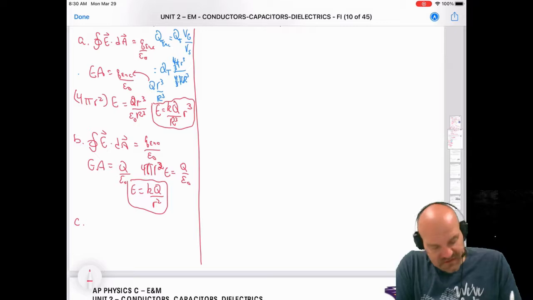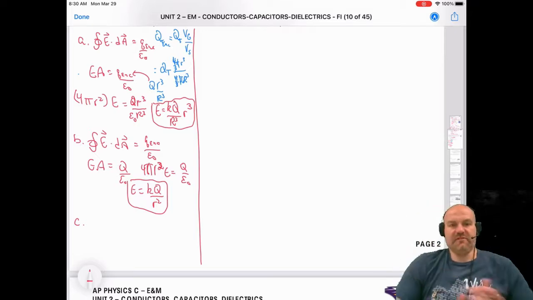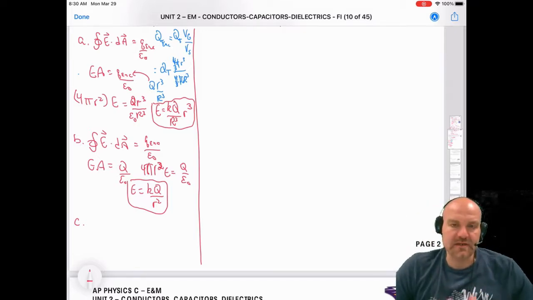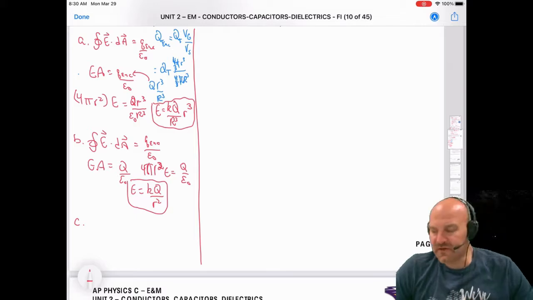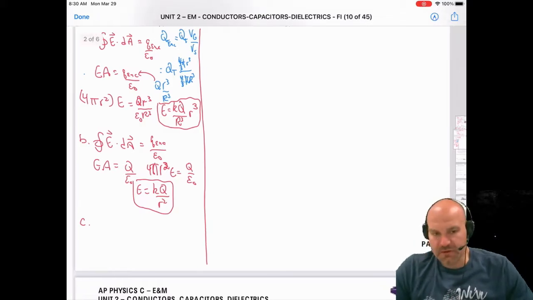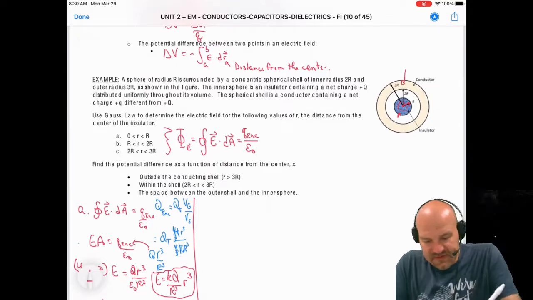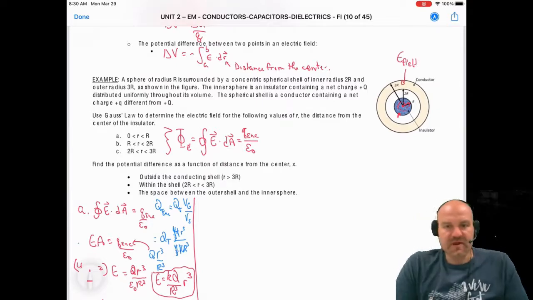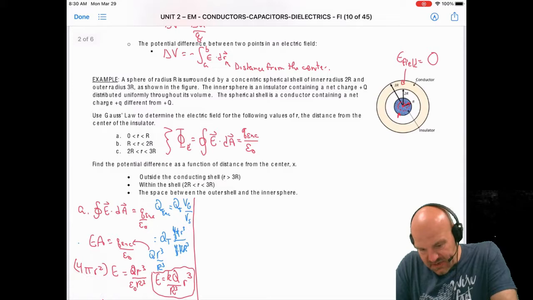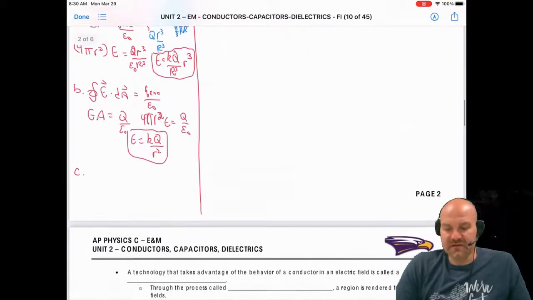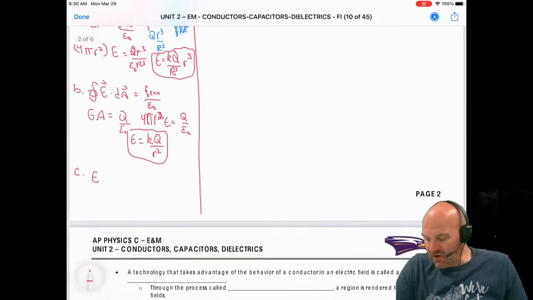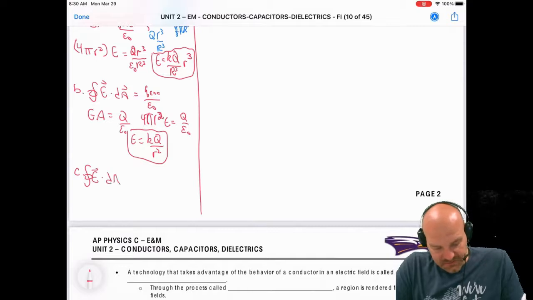Okay. Part C is probably the easiest question of all. This goes where we talk about conductors. So if you notice, it says between 2R and 3R. Well, guess what? That's inside this conductor. And what is the E field in a conductor? It is zero. So you really don't have to show Gauss's law here, but if you want to show it, you just say E dot dA equals Q enclosed over epsilon naught.